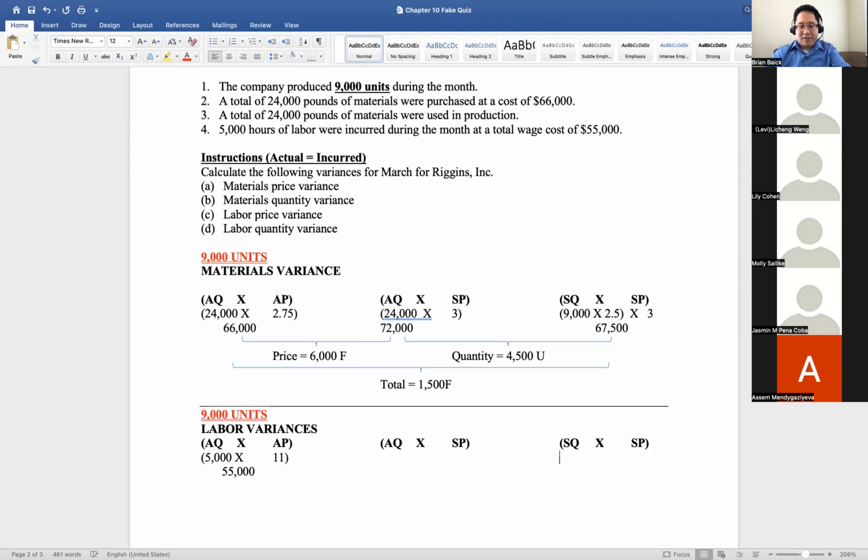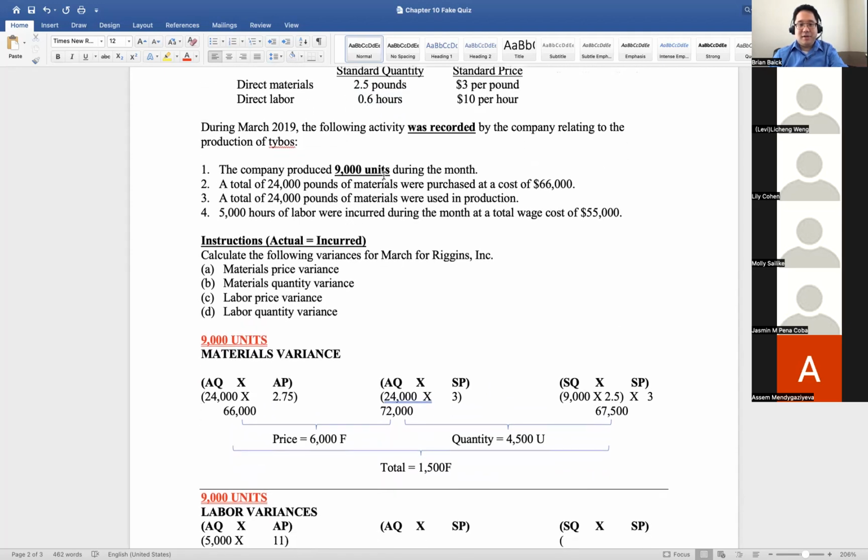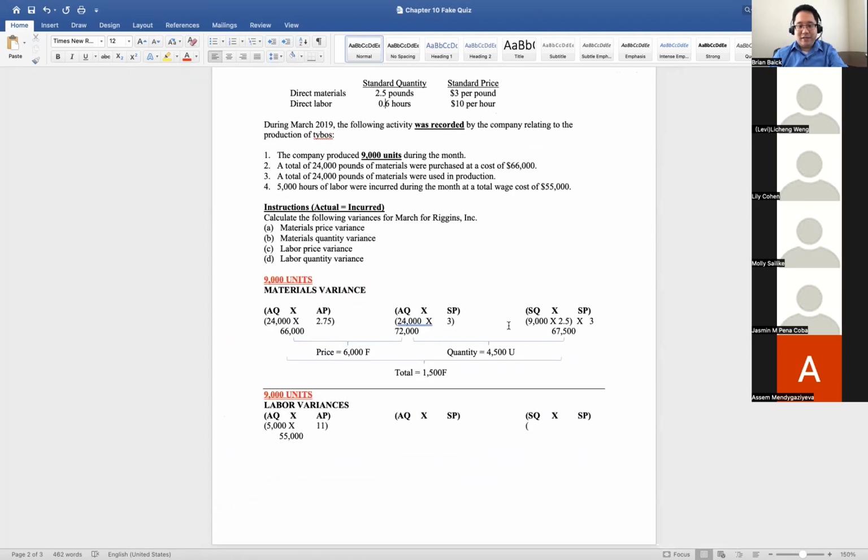Let's do it again on this right side here. What's the SQ? Be careful. This one is always the one you have to do a little more math on. If I make 9,000 units, how many hours of labor am I supposed to use? 9,000 times 0.6.